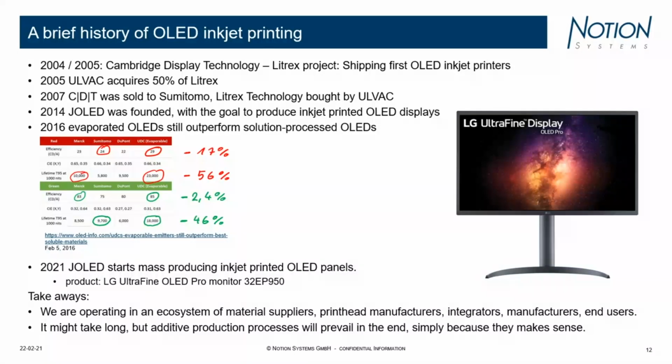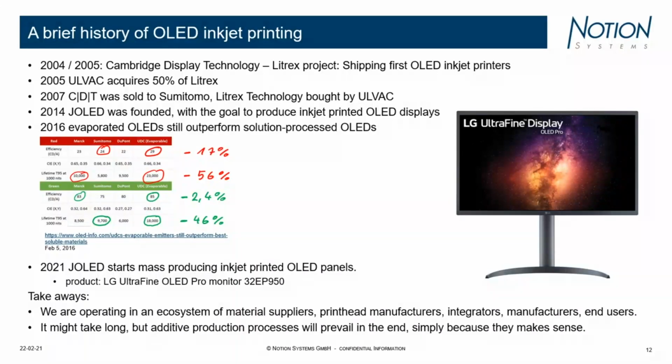So let me give you an account of OLED inkjet printing in the display industry. There might be some listeners in the audience who know the beginnings of this history much better than I do, but nevertheless, let me give you a short account. In 2004-05, Cambridge Display Technology, a spin-off from Cambridge University, shipped the first OLED inkjet printers in the so-called Litrex project.